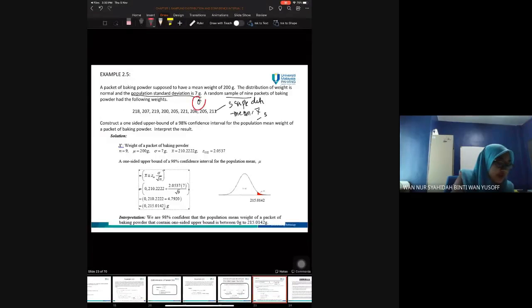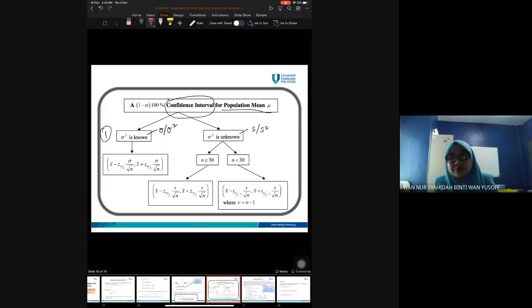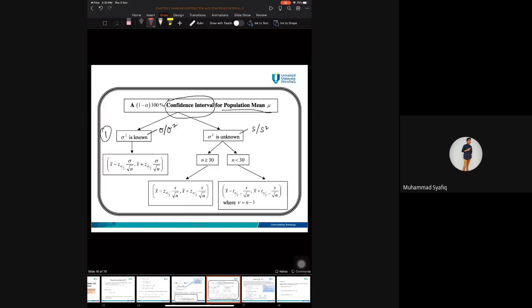So in this case, you have both. You have sigma and you also have S. So which one do we need to use, sigma or S? We need to go to the first condition or the second condition: sigma is known or sigma is unknown. You have both values. Known.